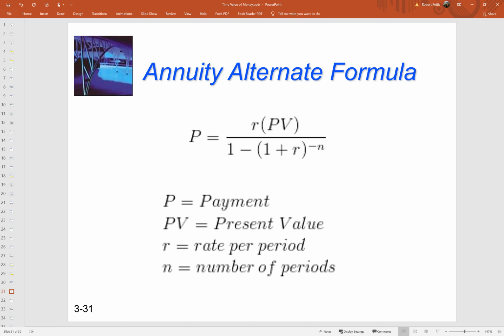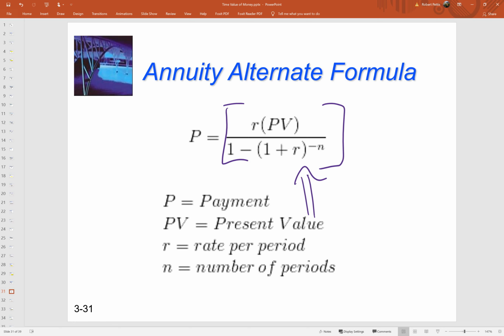Now there is this alternate formula for an annuity. I figure the amount of time that it takes to set this up, most of the time you may as well just calculate it as we do, because the more you set in here, the bigger a mistake you can possibly make. But if you do want to just use one formula instead of discounting back several cash flows, feel free to use this.